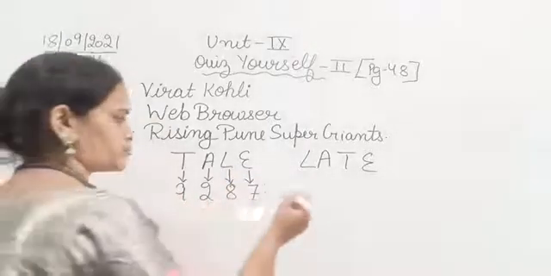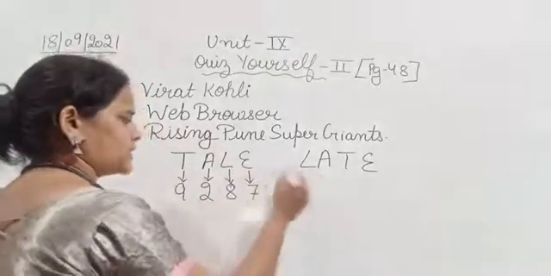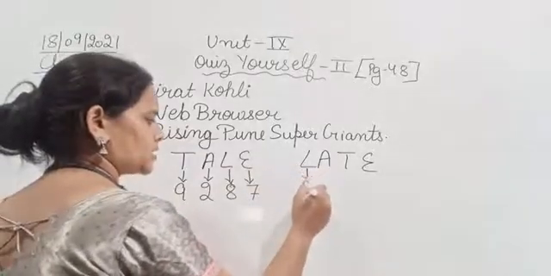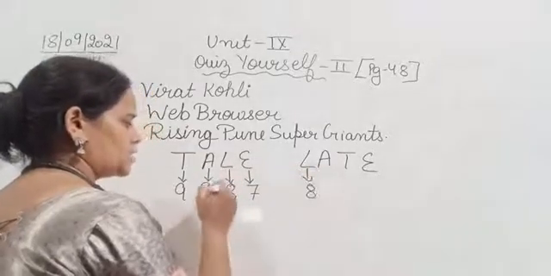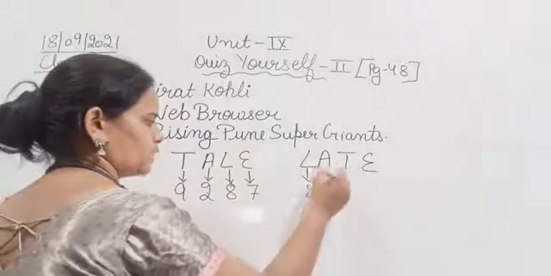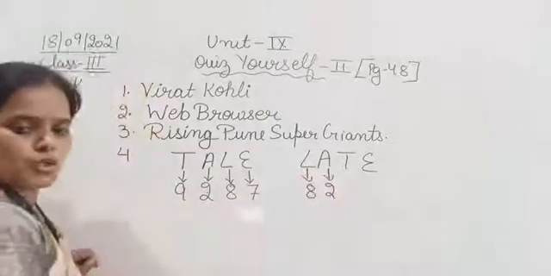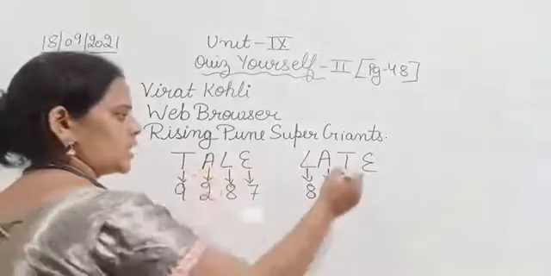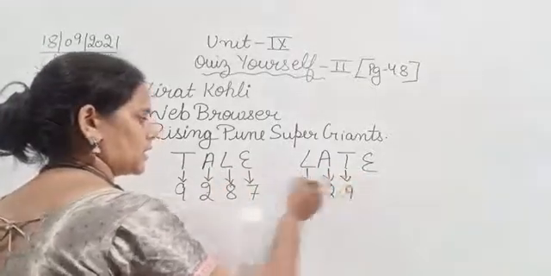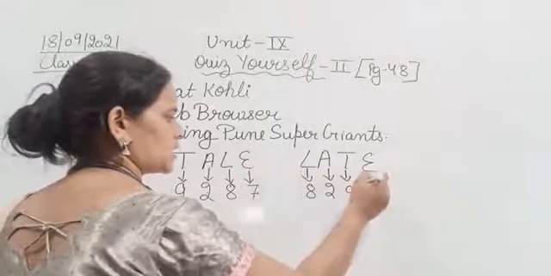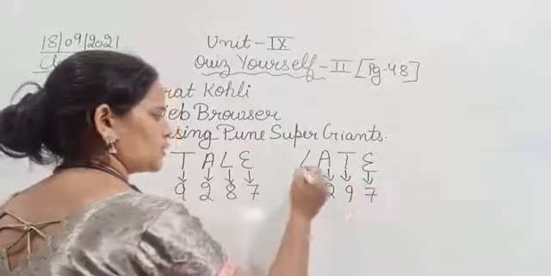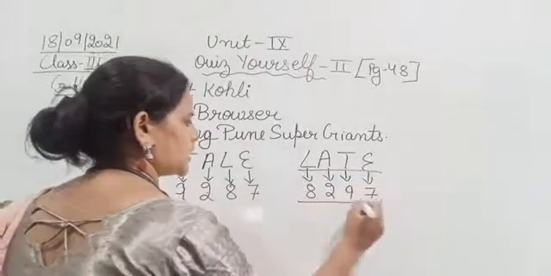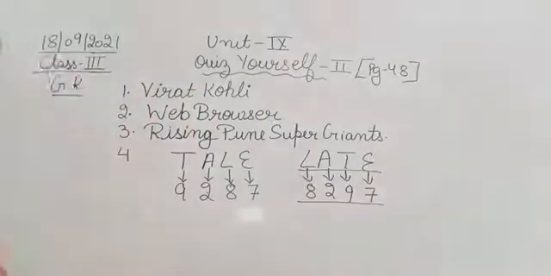So now L is here. L means 8. A means 2. Next T means 9. Next E means 7. So what is the meaning of late? That is 8297.